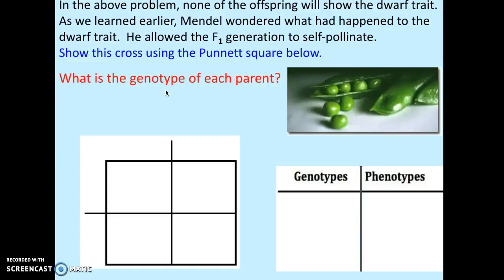The genotype of each parent is going to be the same. So they are both going to be big T, little t. We take that first parent, we put it across the top. Take that second parent, put it across the side. Now, take just a minute, pause the video if you need to, and go through and solve this out.